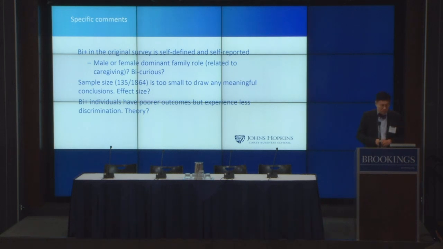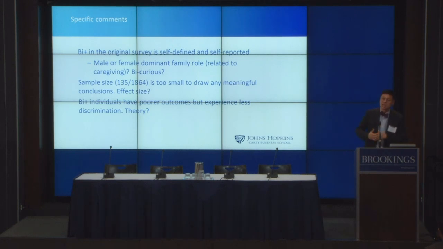That's going to be very important, especially when you're talking about things like caregiving, income, workforce participation, right? Because you could imagine that an individual whose self-identification might change over time might also face very different kinds of outcomes over time.